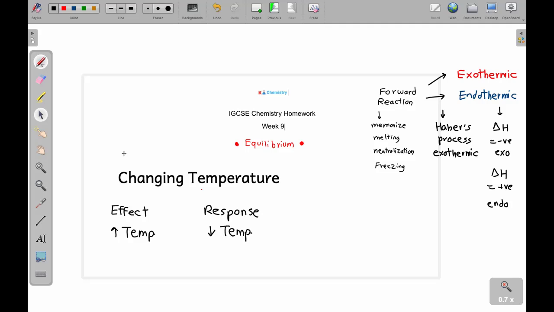According to Le Chatelier's principle, named after the scientist who discovered it, whatever effect you do on a system which is already at equilibrium, the system will try to do an opposite effect. So if you increase the temperature, it will decrease it. If you decrease the temperature, it will increase the temperature, and so on. So what happens when the system decreases the temperature? It will try to go in a direction which decreases the temperature.